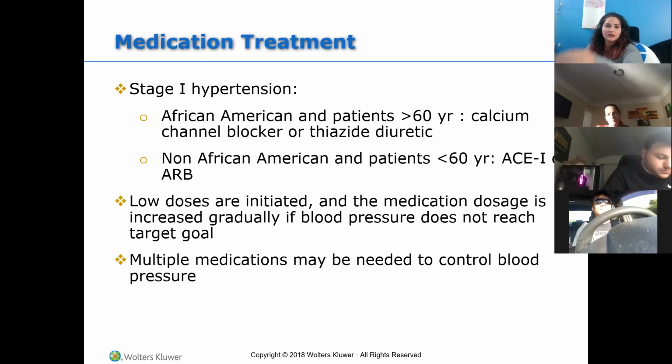Okay, but we're going to move on to stage 1 hypertension. For African Americans and patients under 60 years old, you get calcium channel blockers or thiazide diuretics. So if you have an African American patient with stage 1 hypertension, you would have them on hydrochlorothiazide and also a calcium channel blocker.